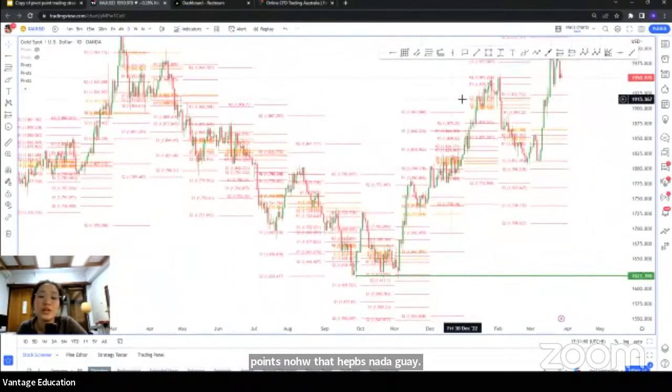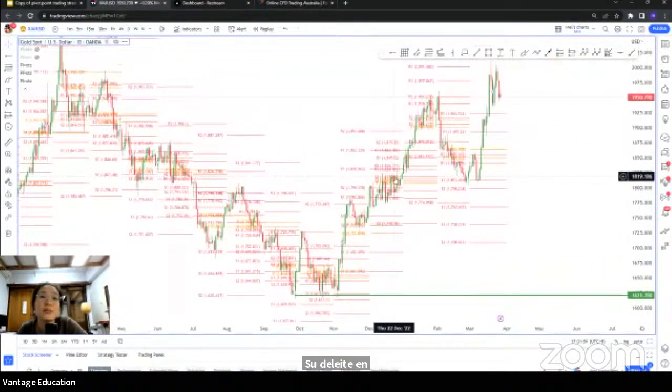So it definitely doesn't always work. So you need to do this together with your support and resistance levels. So that would be your graphical analysis. So trend lines, trend channels, all of that are still relevant.